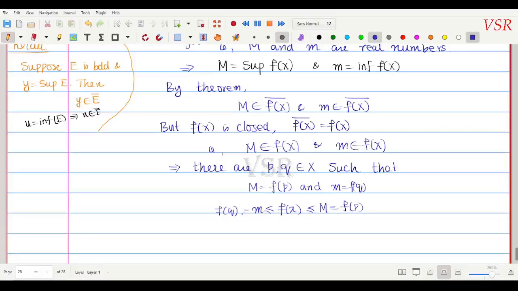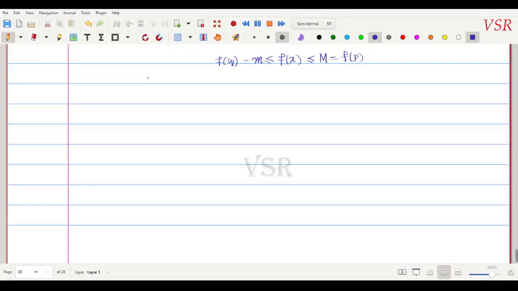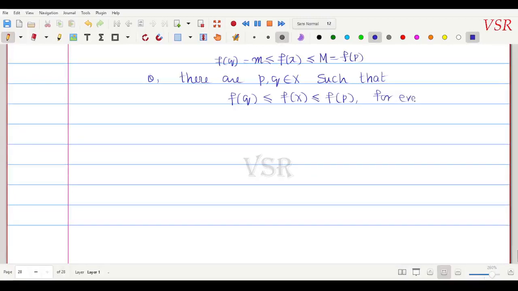So there are p, q belonging to capital X such that I may write like this: f of q is less than or equal to f of x, which is less than or equal to f of p, for every x belongs to capital X. Hence the result.